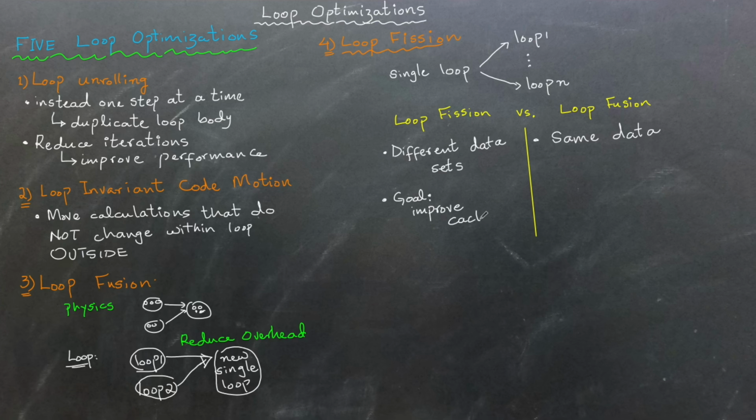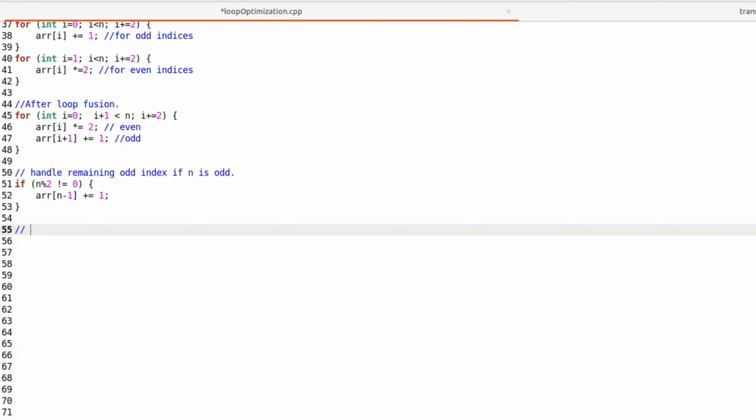The goal of loop fission is to improve cache efficiency by focusing on smaller relevant datasets, whereas loop fusion aims to reduce loop overhead by combining related operations. Here is an example.